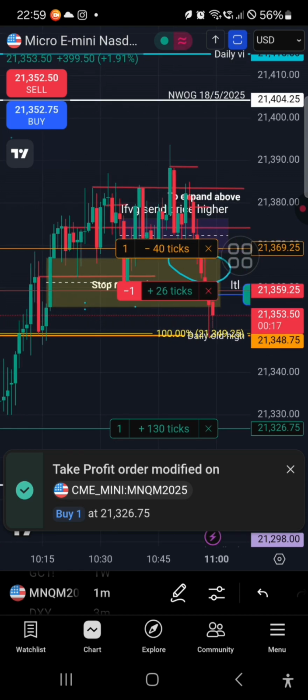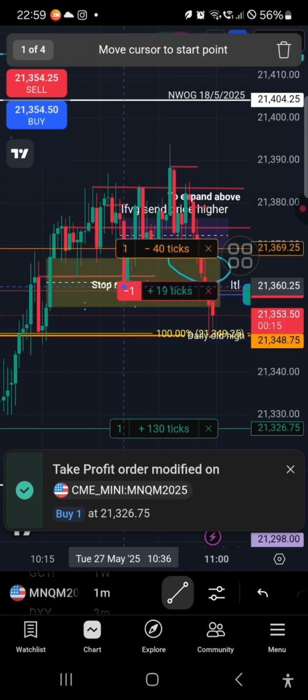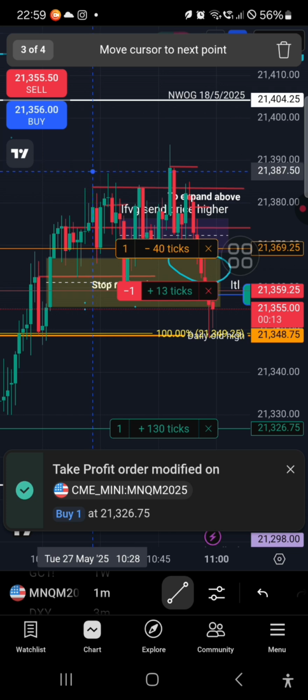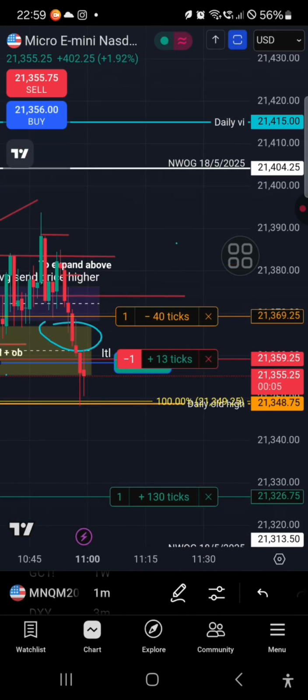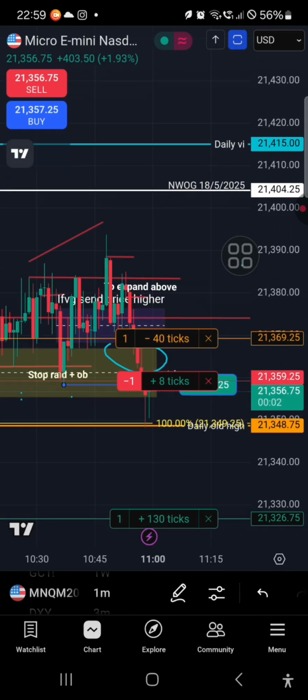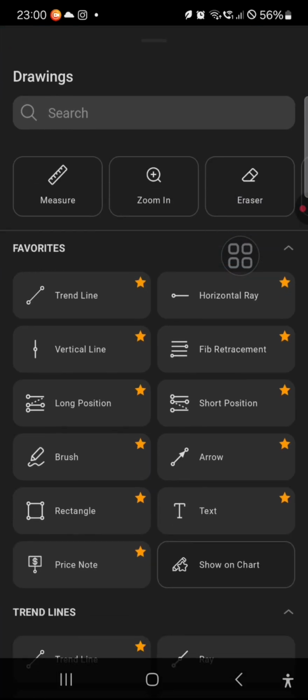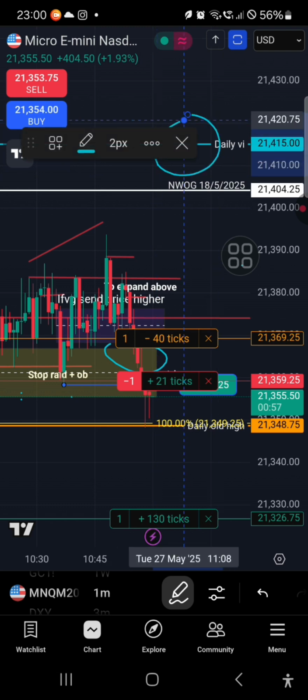Why? Right here, a lot of stop rates, three drive pattern, whatever, everything is here. Okay, and we got real close to the daily VI, but we couldn't get to it.